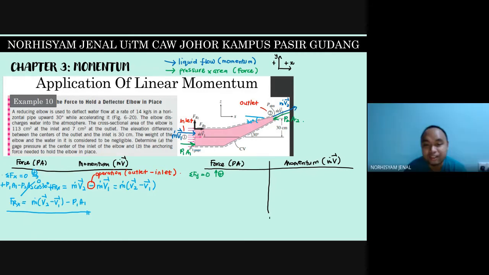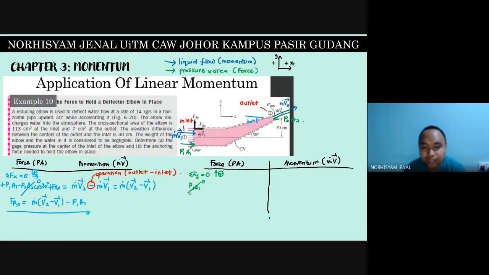Negative. It's going to the right, right? Is it going upward or downward? No. Since there is no upward or downward movement or any angle to the top or to the bottom, P1A1 is equal to 0.